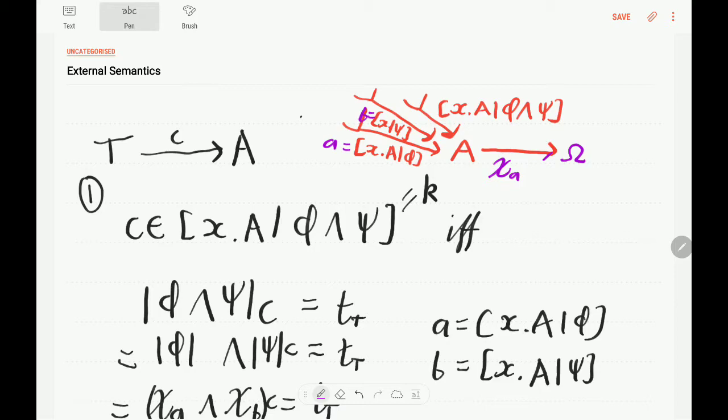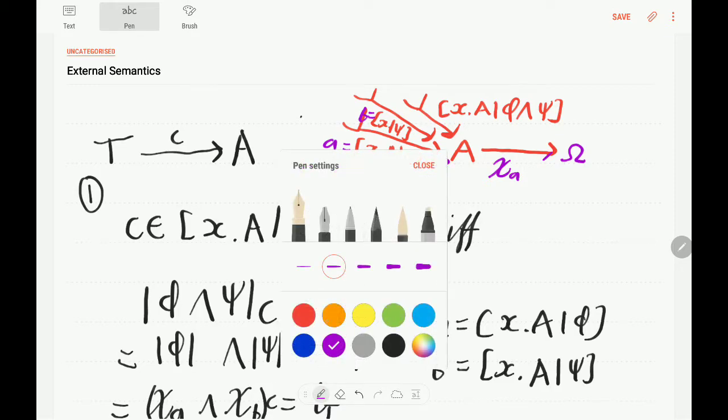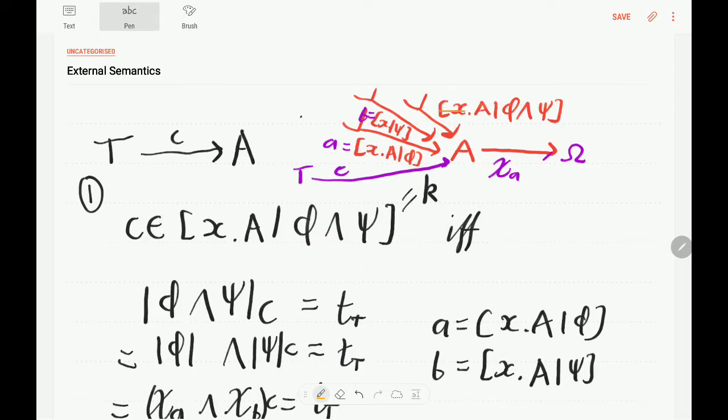And what we're interested in, we have this object T with an arrow C into A. We're interested in when C is going to be in this extension of phi and psi.